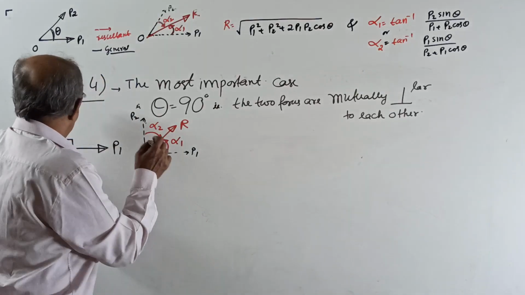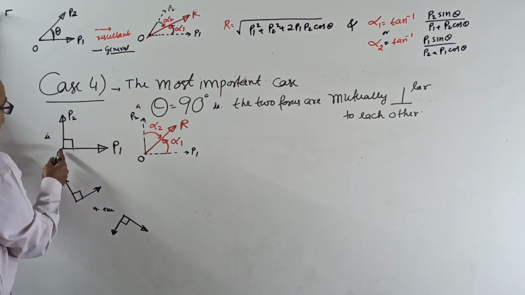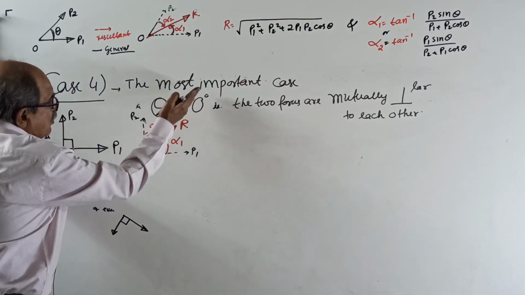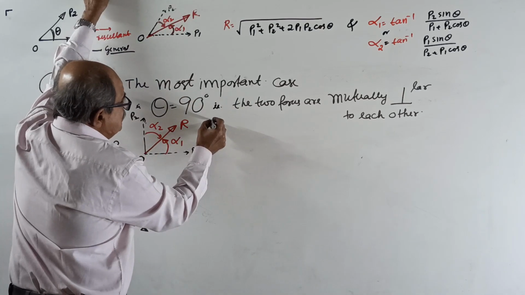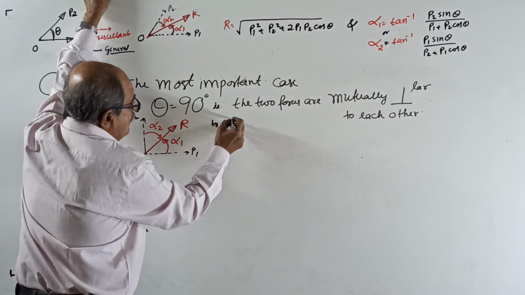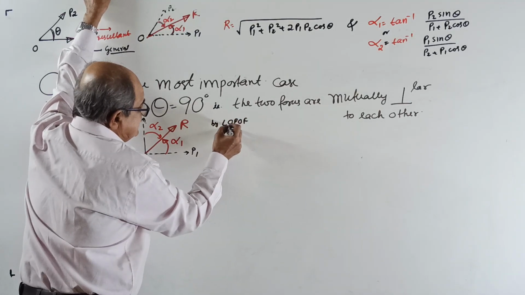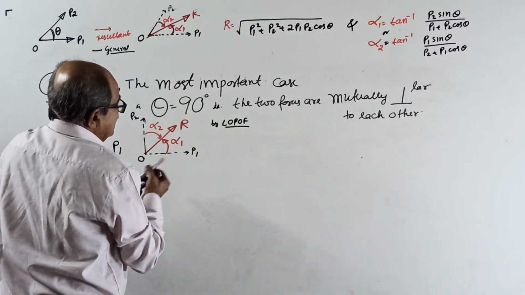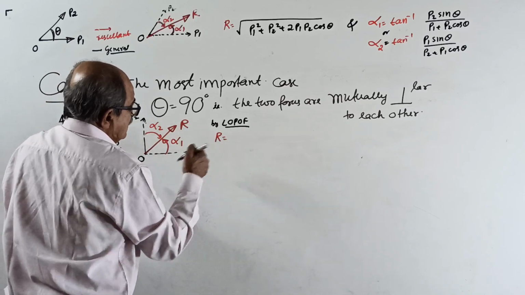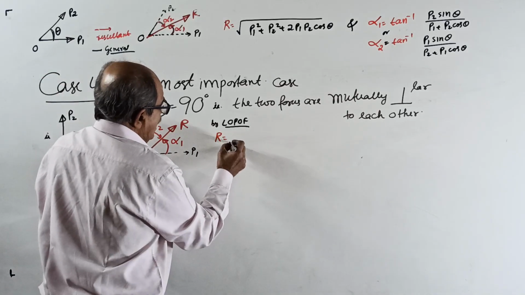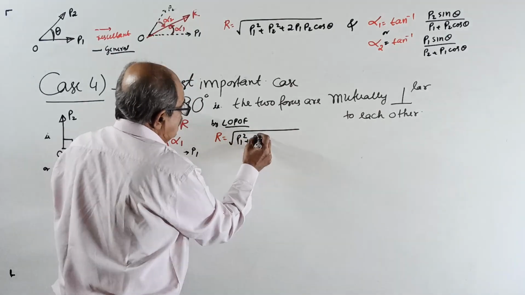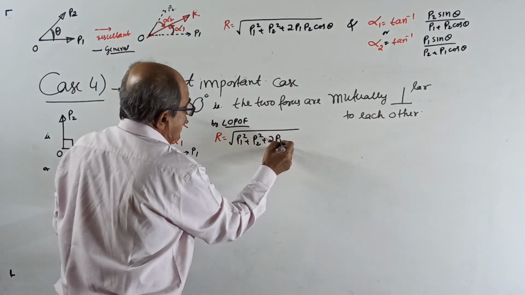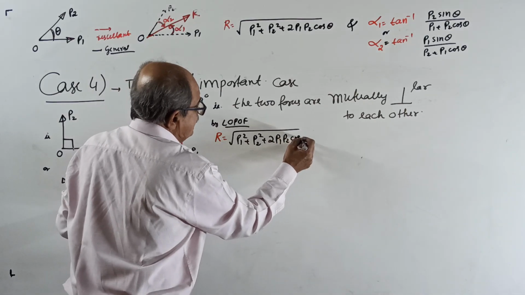Now if P1 is this way, P2 this way, resultant R goes this way. If you use the law of parallelogram of forces, resultant R equals square root of P1 square plus P2 square plus 2 P1 P2 cos 90.